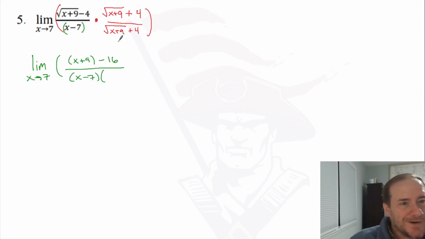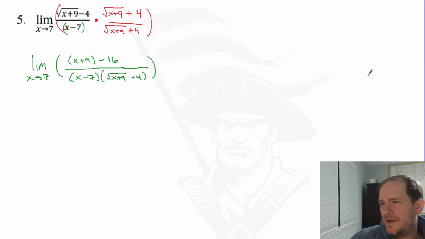So downstairs, we've got an x minus 7 times this whole conjugate, root x plus 9 plus 4. Okay, so this means that up top, I'm going to be a little lazy here and say this of course would simplify to x minus 7. And that does mean that we could cancel those.